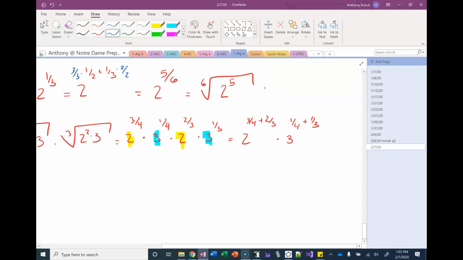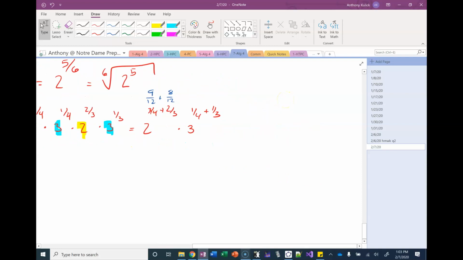To add 3/4 and 2/3, I need to have a common denominator. What would that common denominator be between 3/4 and 2/3? 12. So I'm going to multiply 3/4 by 3 over 3 to get 9 over 12, and multiply 2/3 by 4 over 4 to get 8/12.